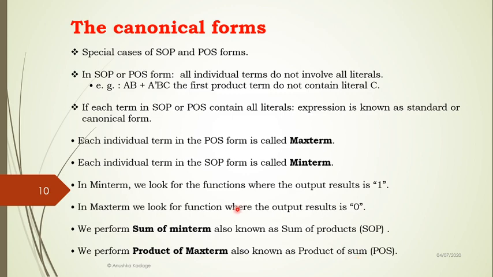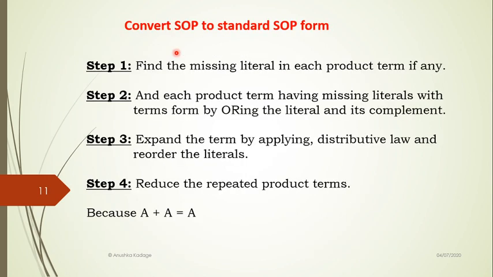So here the relationship between the standard form of a Boolean expression and the canonical form of a Boolean expression has been expressed. So let's check how we can convert a given sum of product to the standard sum of product form. The first step is to find out which literal is missing in each product term.